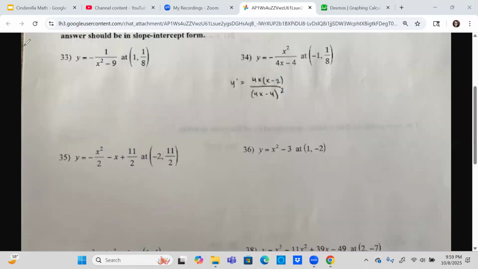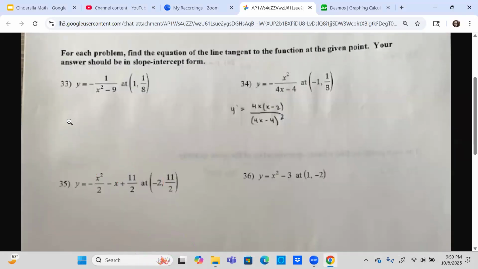I mean, am I blind? That negative is there, right? Give me one second. Ignore me for a second. What if I just plug this into the function?